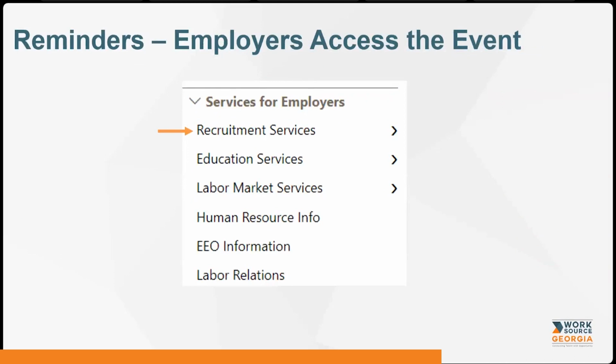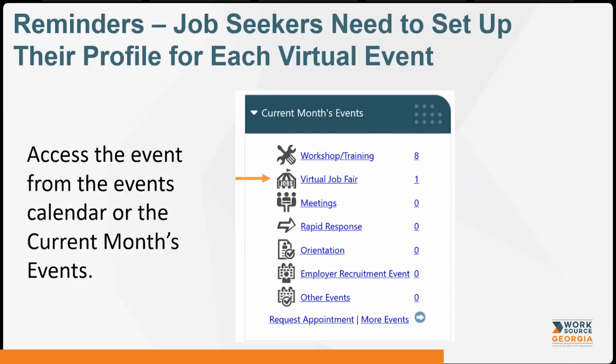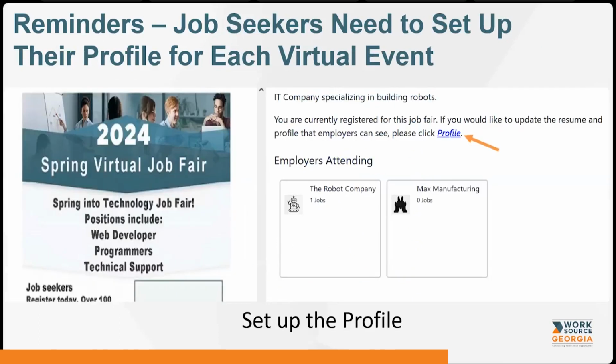For employers to access the event, they go to the recruitment services option on the left-hand side of their navigation, and then they go to virtual job fair. And then as far as job seekers, as a reminder, they need to set up their profile for each virtual event that they attend. They will select virtual job fair on the current month's events. This is also where they're able to register if they're not already registered for it. It will bring up the event.